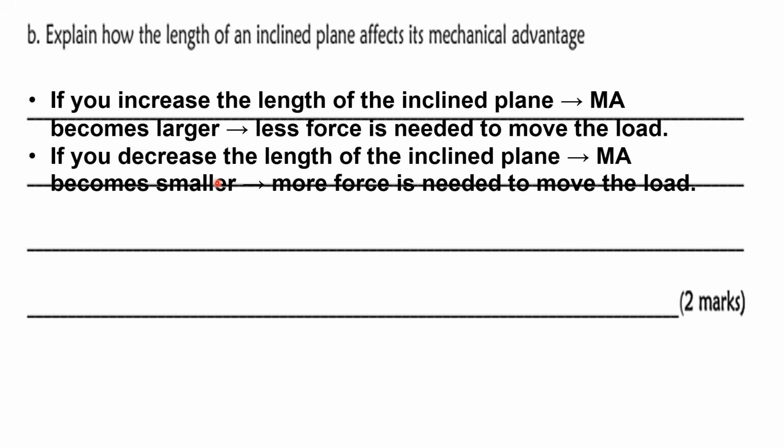Conversely, if you decrease the length of the inclined plane, mechanical advantage becomes smaller, meaning you need more force to move the load. So 2 points, 2 marks. That's what you need to say here.